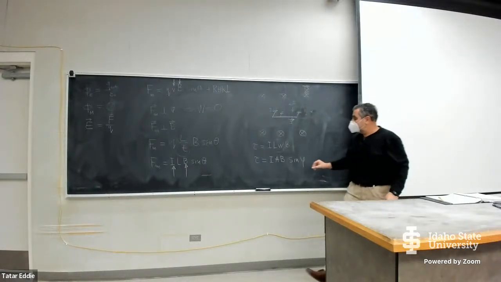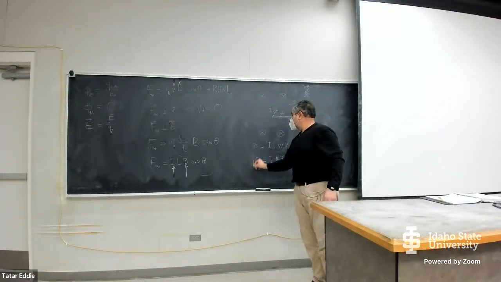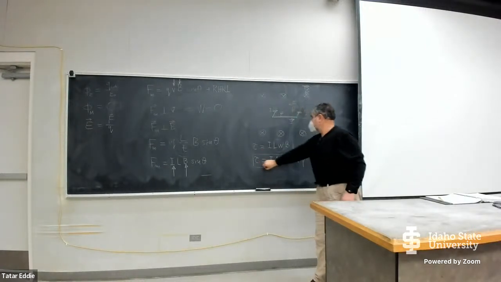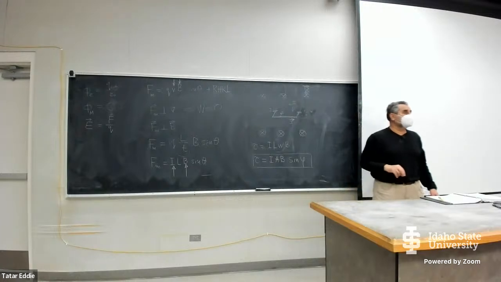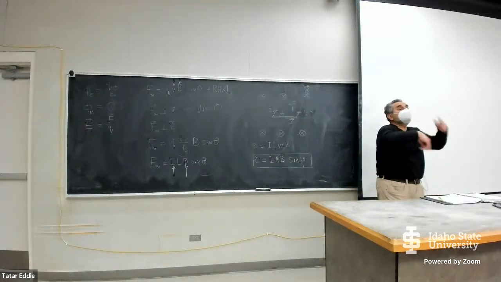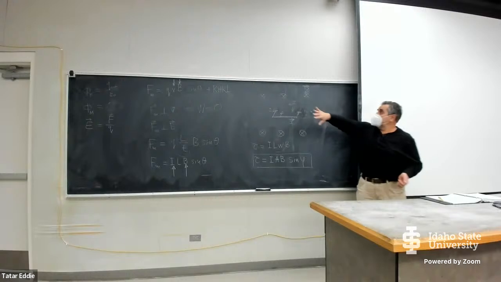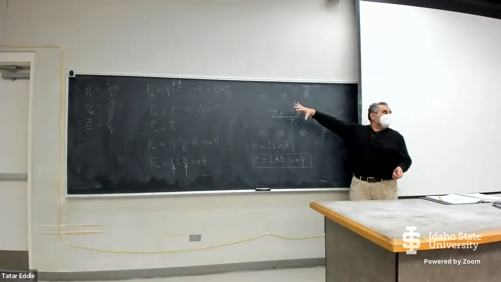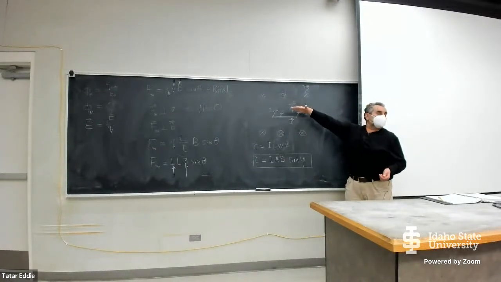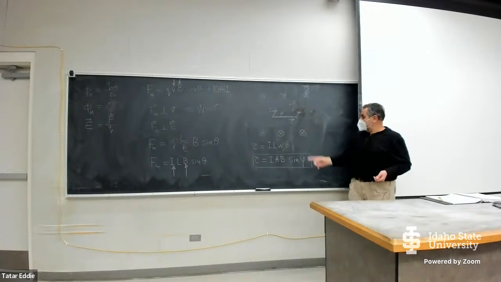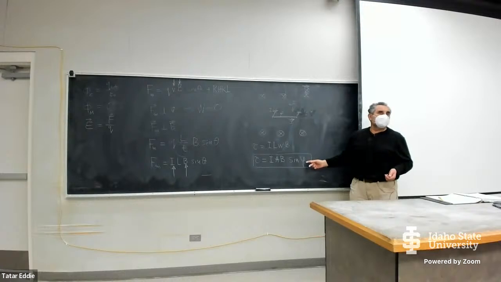In general, this is the general expression for the torque. And this torque is going to start spinning this frame. Well, when this frame reaches a certain orientation, the angle here is going to become either 0 or 180 and the torque is going to be 0.